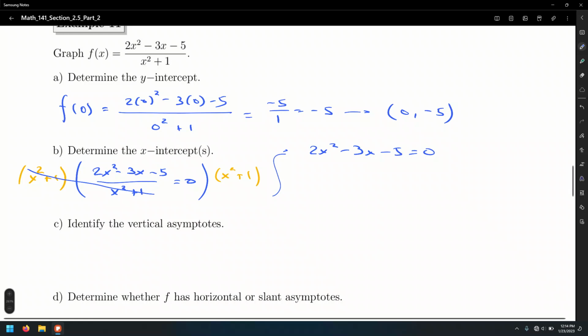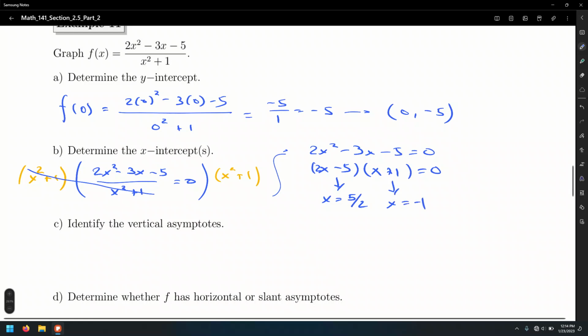So use the method that you feel more comfortable with, guess and check, or the diamond method, whatever method you feel better with. I'm just going to give you the result for this. That means x equals 5/2 and x equals -1.